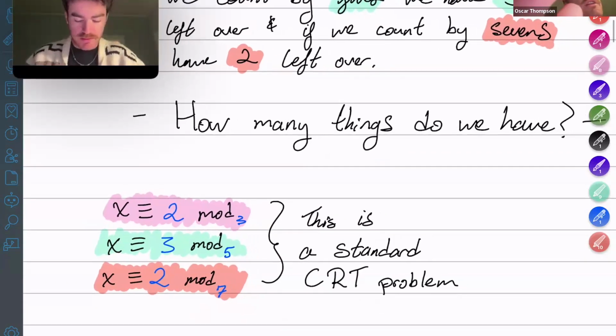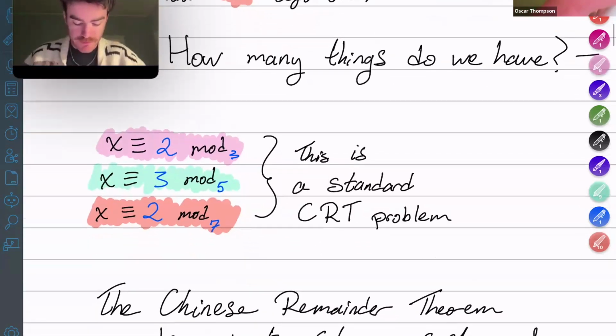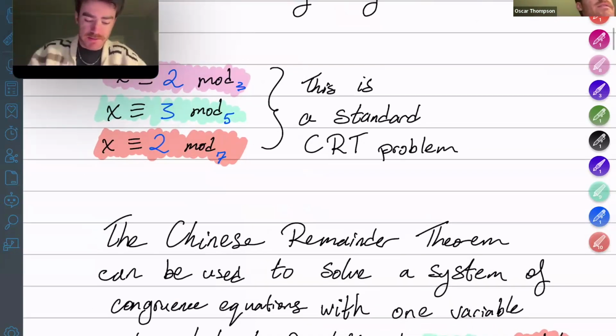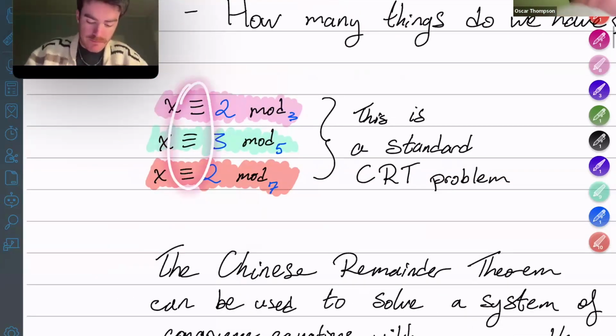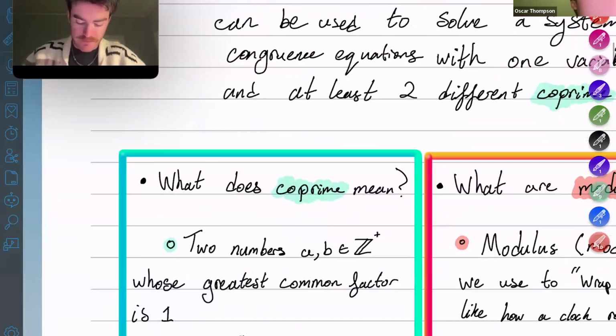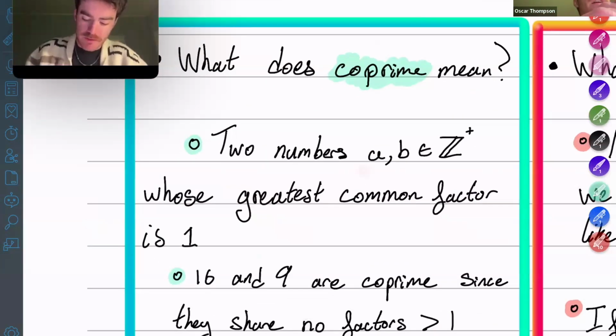And so what does the Chinese remainder theorem do? The Chinese remainder theorem can be used to solve a system of congruence equations. That's what this is, just up here. A congruence equation with one variable, that's our x, and at least 2 different coprime moduli. So what are coprime moduli? 2 numbers that are coprime, we have a, b in the positive integers whose greatest common factor is 1.